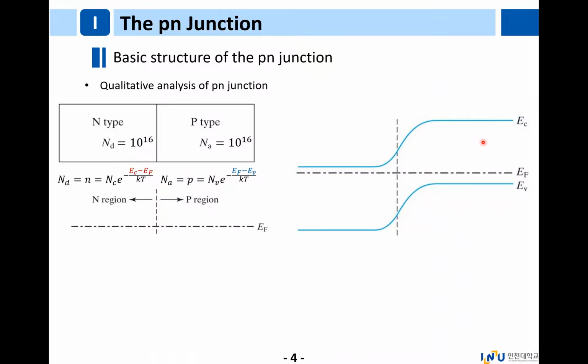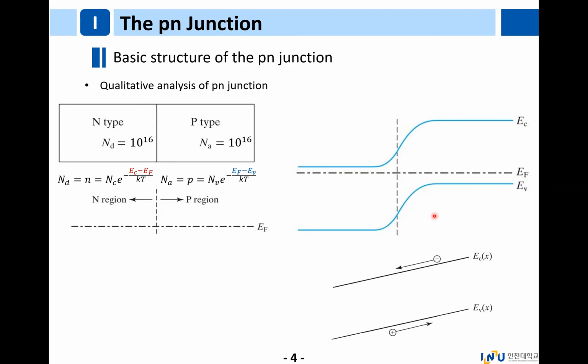Consequently, electrons will move towards the lower energy side, akin to rolling down a slope. Conversely, holes having lower energy toward the top will move toward the right in the energy band diagram. In essence, if you can draw the energy band diagram, you can discern the direction in which electrons and holes will move.